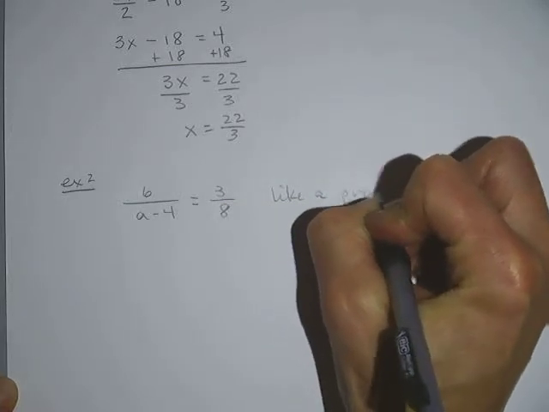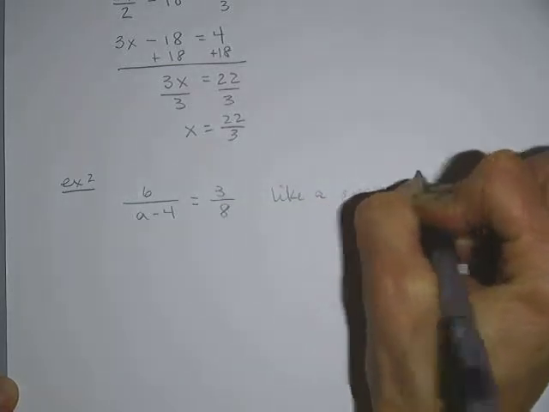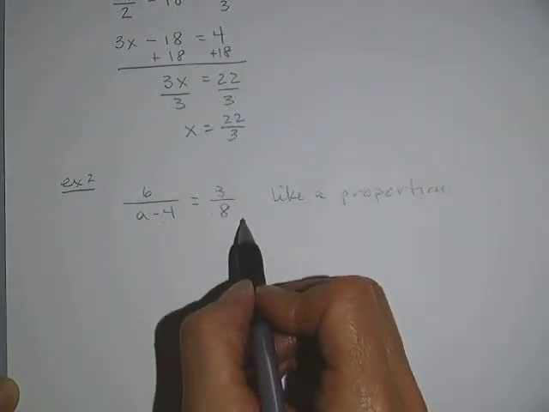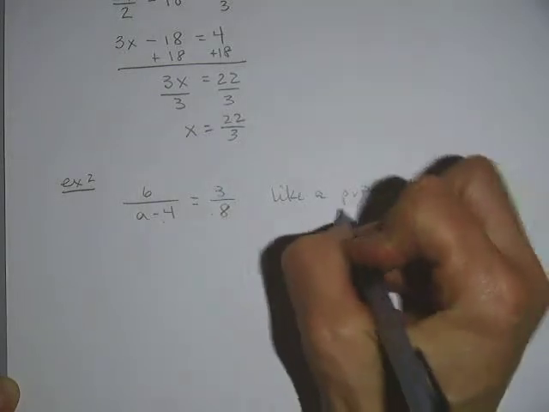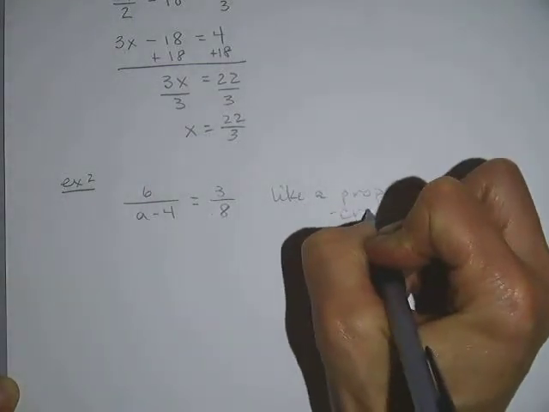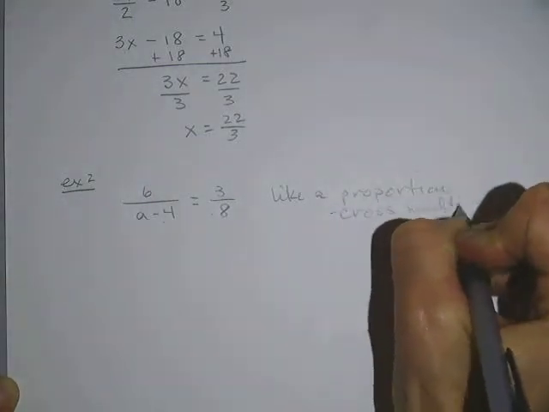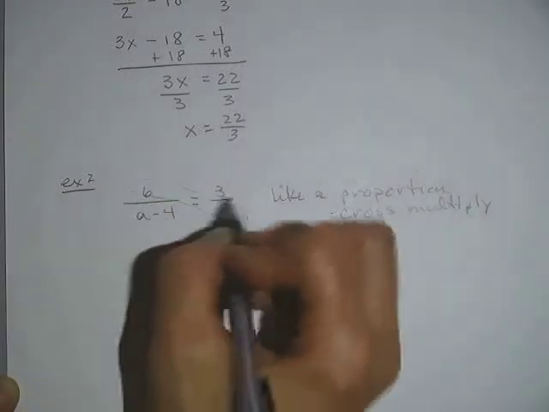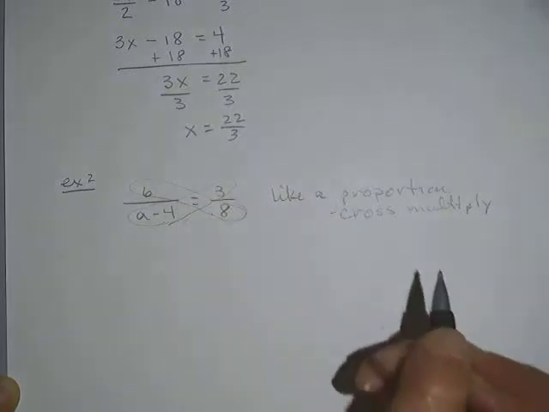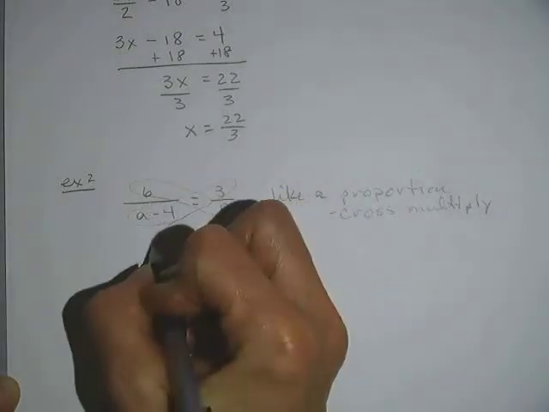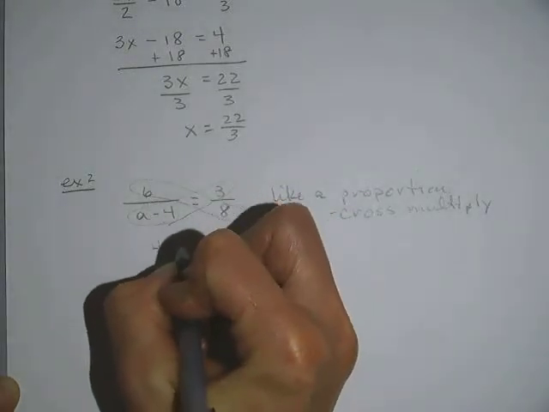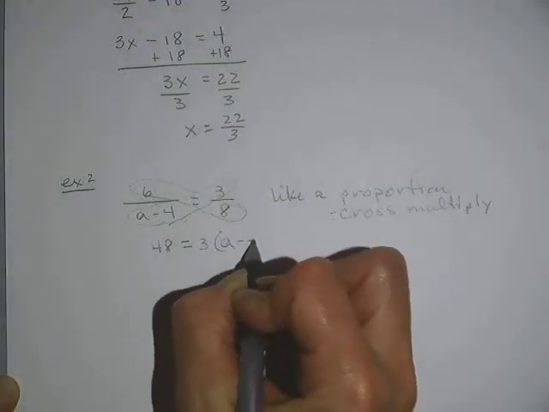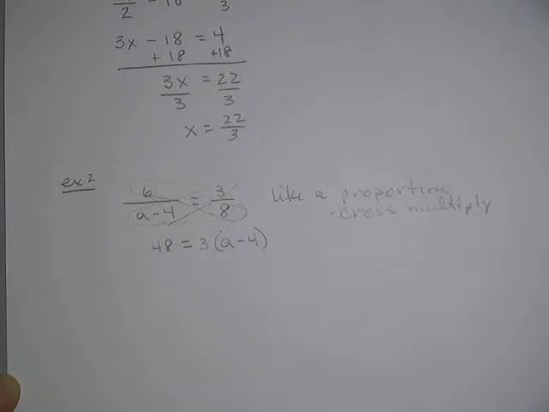But that can only work if it's just one fraction equal to another fraction. So when it's like a proportion, yes, we are going to cross multiply. 6 times 8, 3 times all of that. 6 times 8 is 48, and it equals 3 times a minus 4.